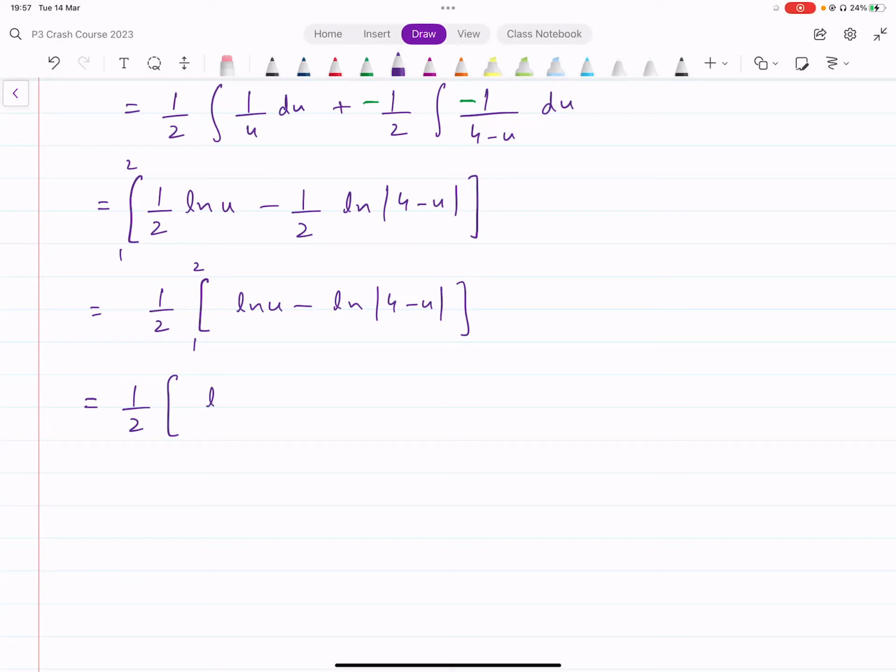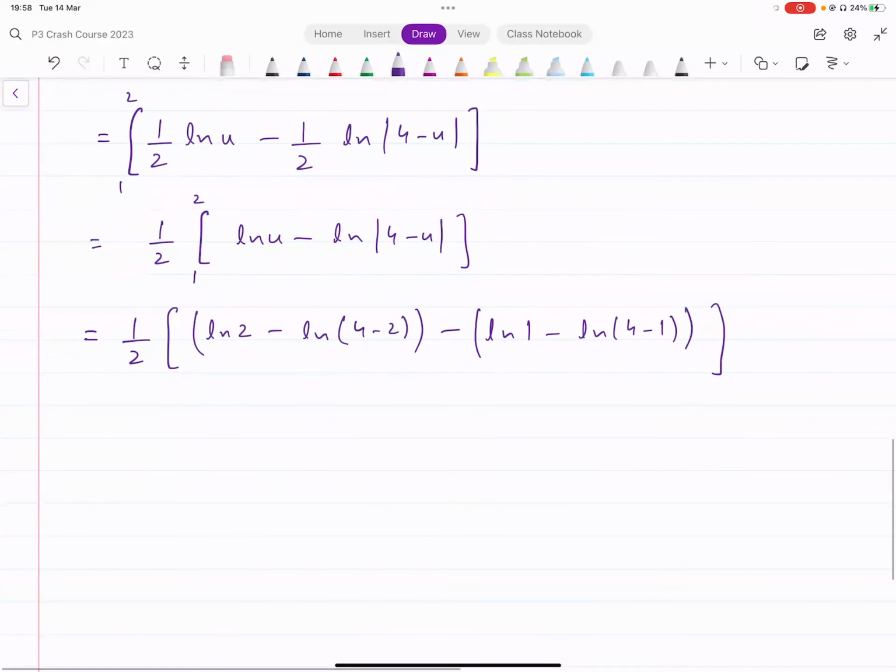Input 2 first of all, that gives you ln 2 minus ln of 4 minus 2. That's what you get when you input 2. Subtract from that the case when you input 1, that gives you ln 1 minus ln of 4 minus 1. It's going to be ln 3. That is what you get inside. Okay, now let's simplify this.